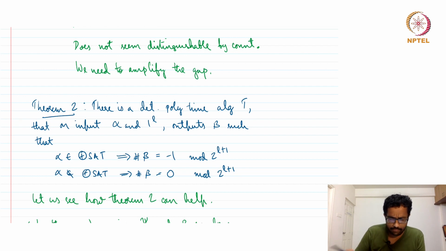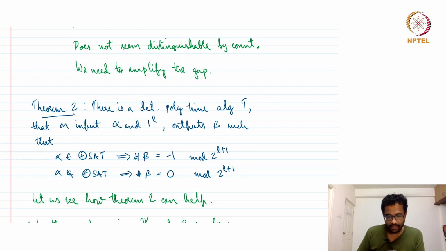So think of L as some big number. Let's say if L is 5, then 2 power L plus 1 is 2 power 6, 64. Then beta has 63 mod 64 satisfying assignments, which is very close to 64.